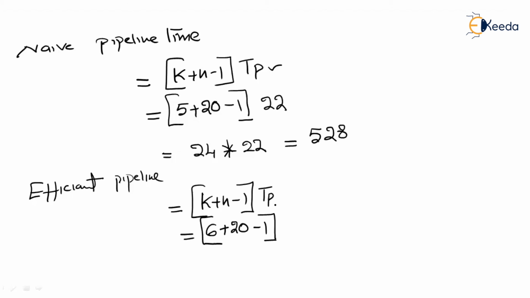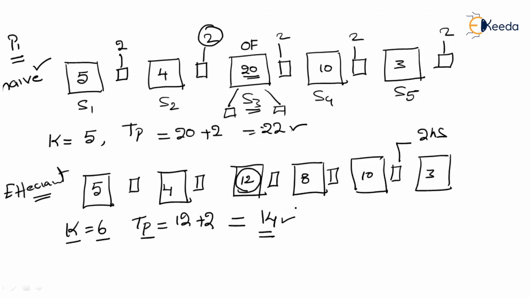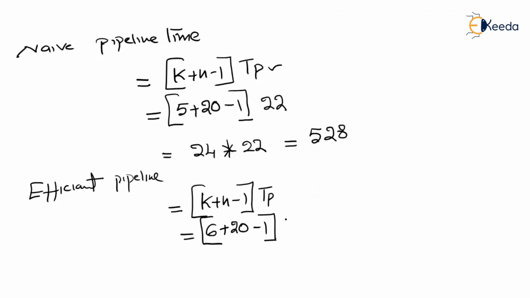What is TP in the efficient pipeline? 14 nanoseconds. That is 20 plus 6 is 26, minus 1 is 25, into 14. 25 into 14 is equal to 350. So efficient pipeline time is equal to 350.